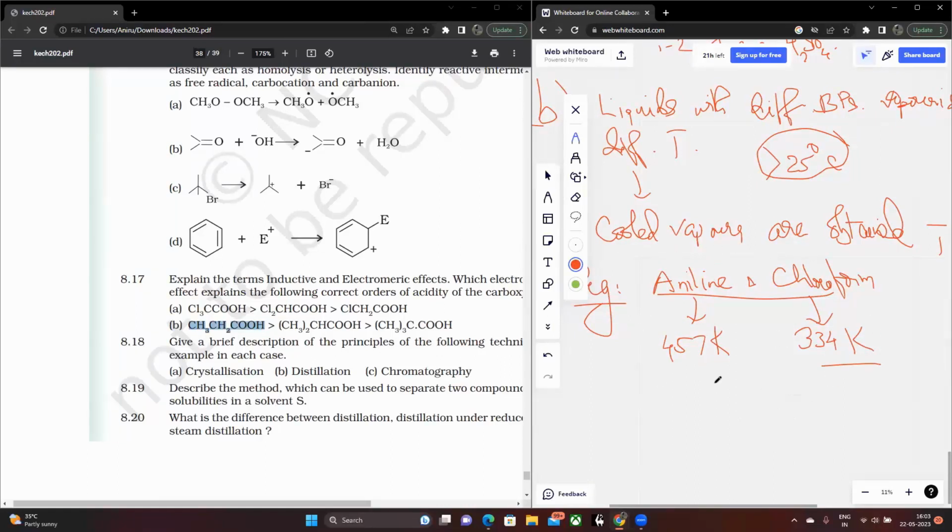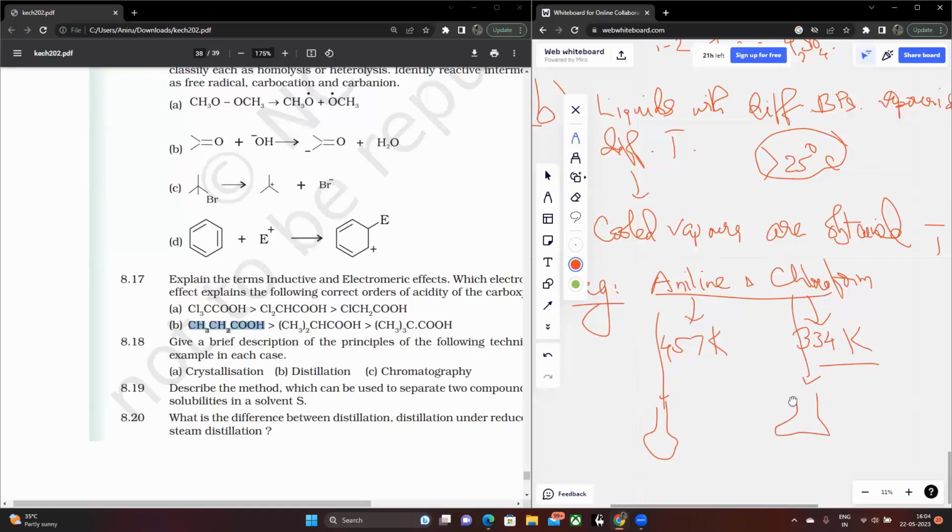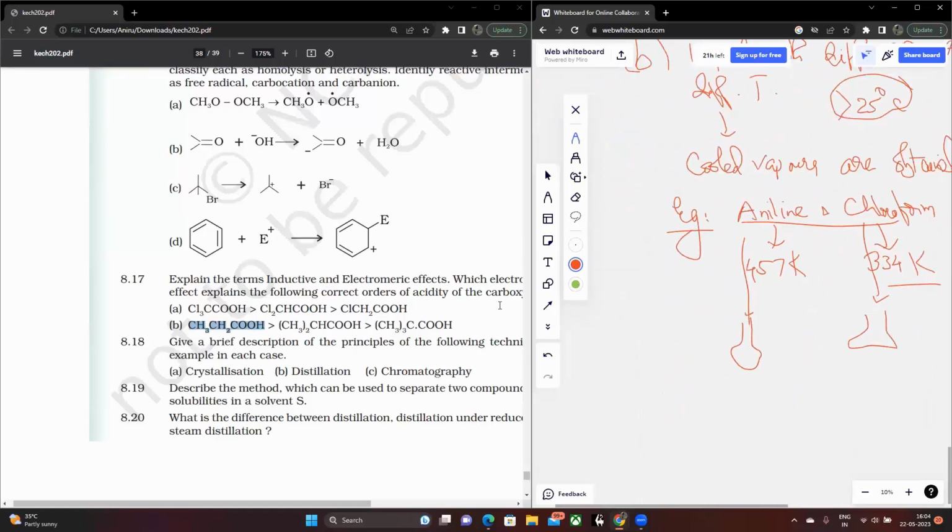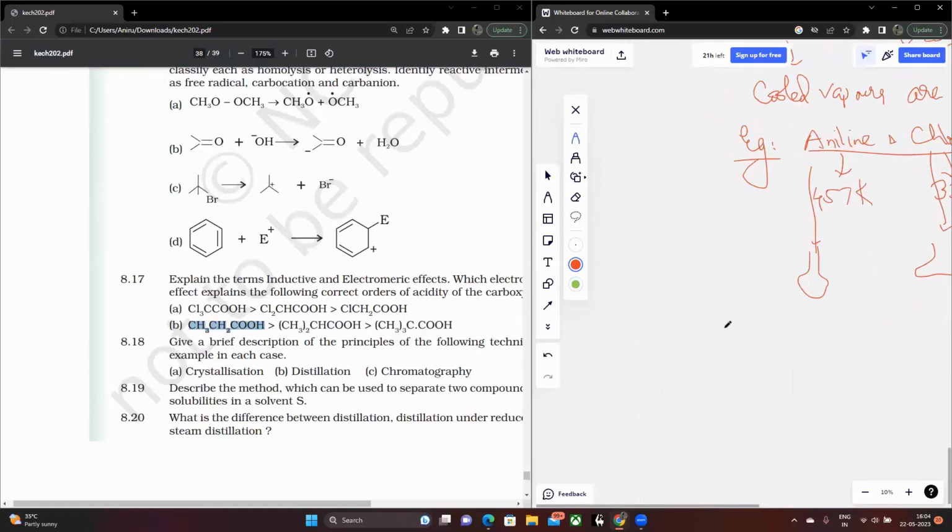And what is left behind is liquid aniline. So you have a round bottom flask with the aniline mixture, and then you have some kind of a conical flask where you obtain the results of your condenser with chloroform. And so you separate the two mixtures out using distillation.